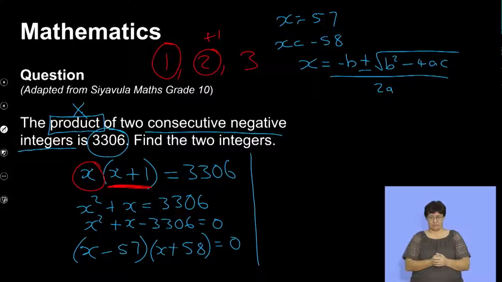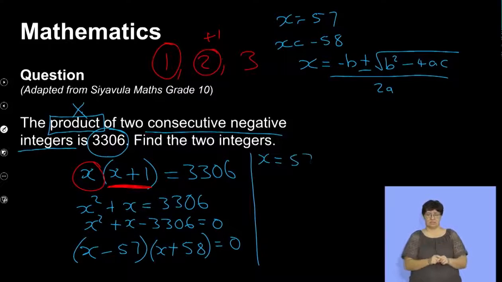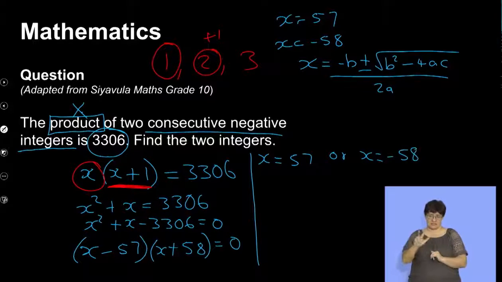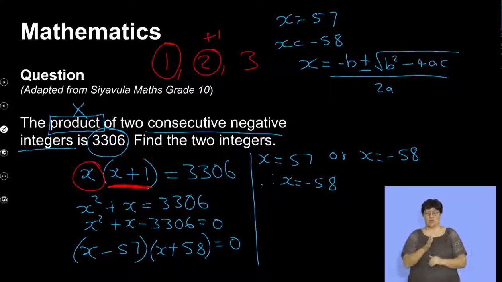Now remember, they told us that these two integers are negative, right? It means I must take the negative answers here and not the positive ones. So x will be equal to 57, or x will be equal to negative 58. It means, therefore, x is equal to negative 58. That's the answer that I want.